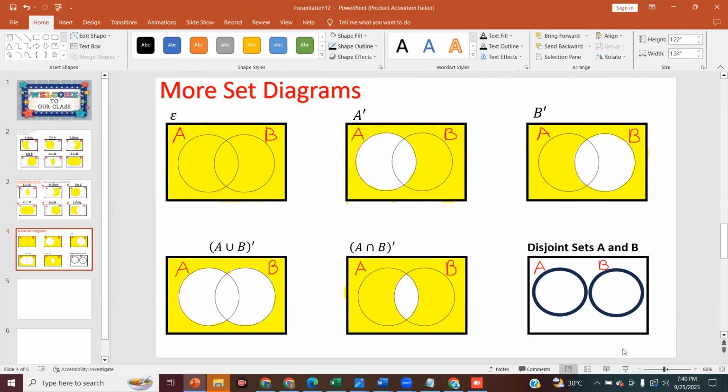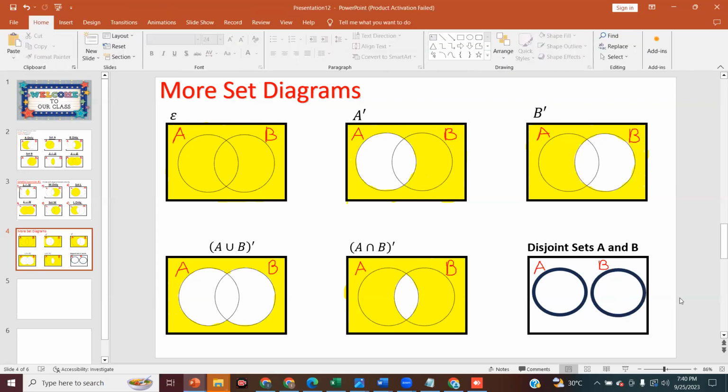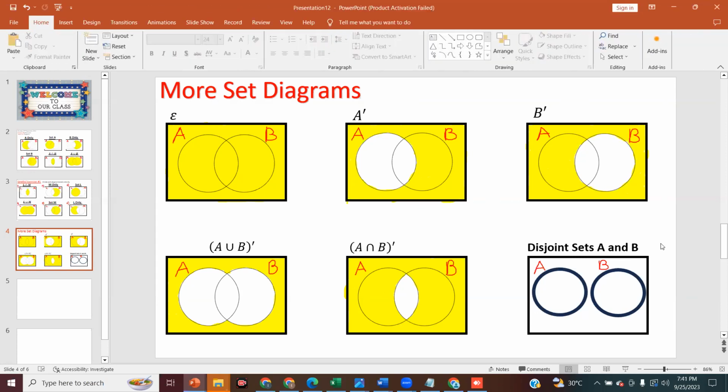All right, so these are disjoint sets. Oh, I remember the question now. Basically, these are just sets that do not have elements in them? They have elements, it's just that they don't have an intersection. I'm talking about all the diagrams on the whole. We just didn't put elements inside them, but all these sets could have elements.